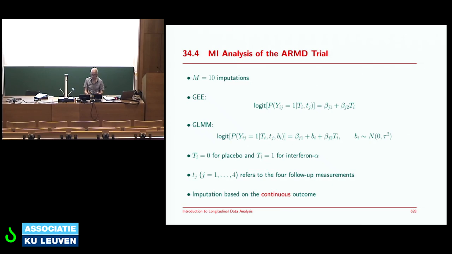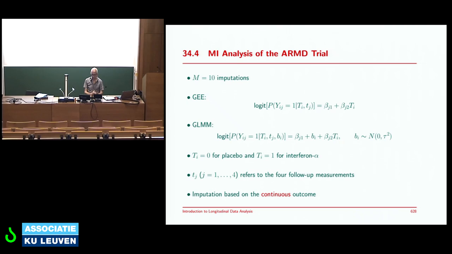PROC MI, I mean the imputation step, takes care of the missing data problem. What results is 10 data sets that are all complete, so we can analyze them with standard methods. One question is, how does this perform in terms of efficiency? How does this perform in terms of bias? And another question is, what is the computational convenience?